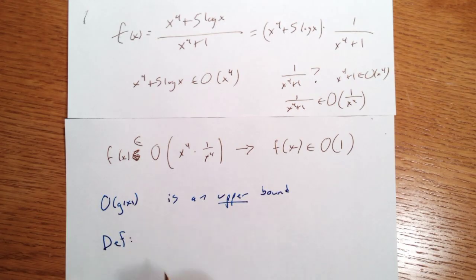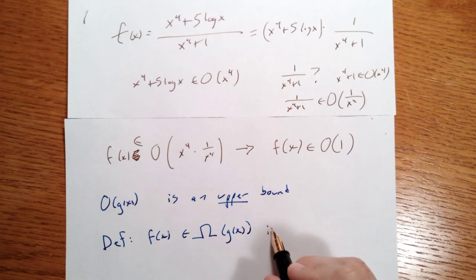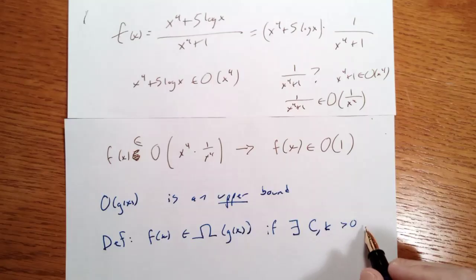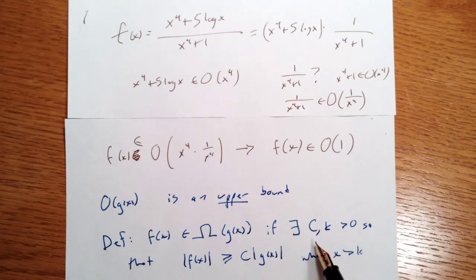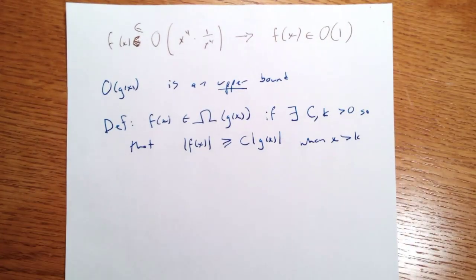All I'm going to do is change the order of the inequalities. f of x is in capital omega of g of x if there exist two numbers, c and k, both positive, so that the absolute value of f of x is bigger than or equal to c times the absolute value of g of x whenever x is bigger than k. So again, we have a witness, and this says that we are bounded underneath by a particular function.